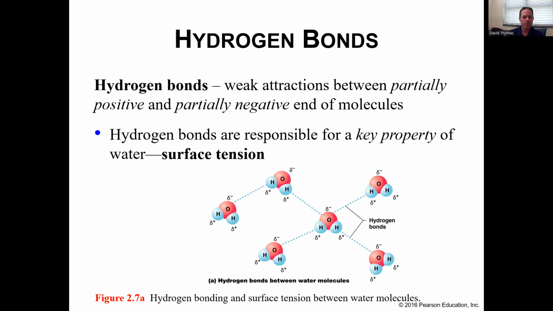We mention that here because this is a water molecule, H2O, two hydrogen atoms and one atom of oxygen. Notice the little dotted line here, that's the hydrogen bond between the hydrogen of one molecule and the oxygen of another molecule.